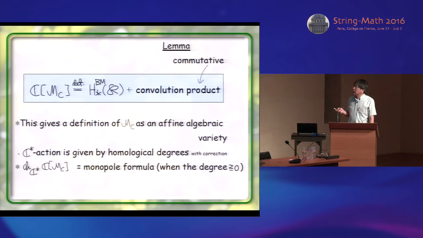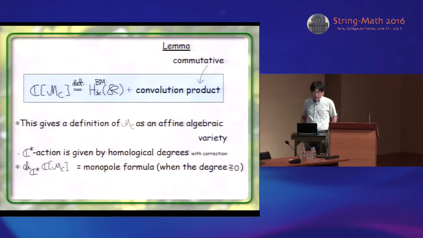Then the lemma is that this is commutative. I just define C of M as this homology group with this convolution product.